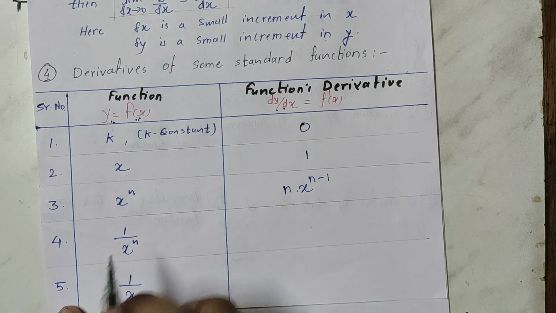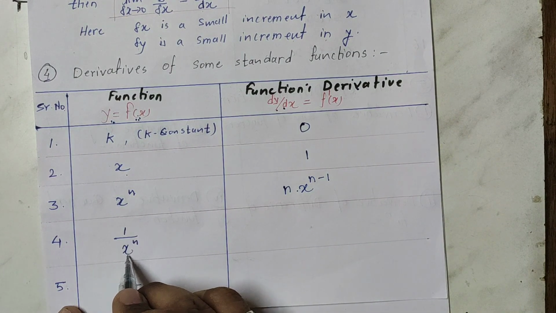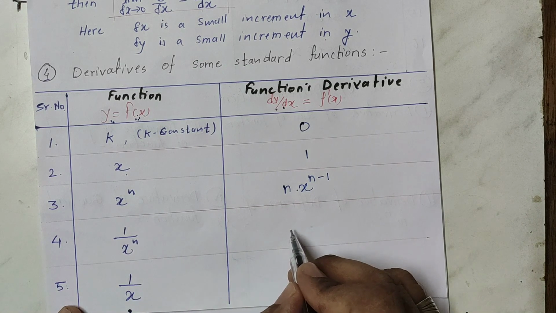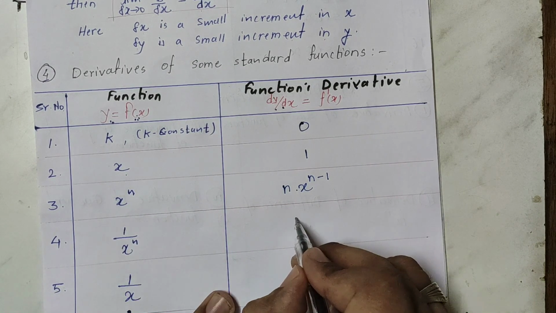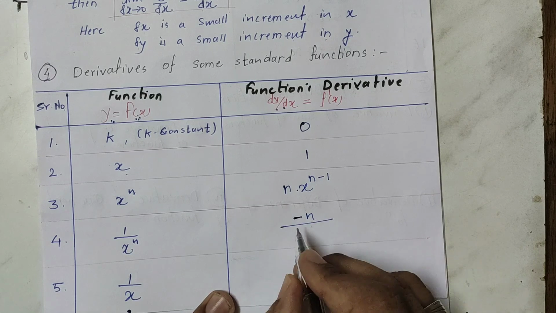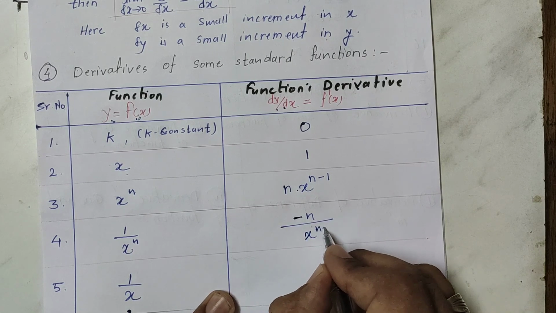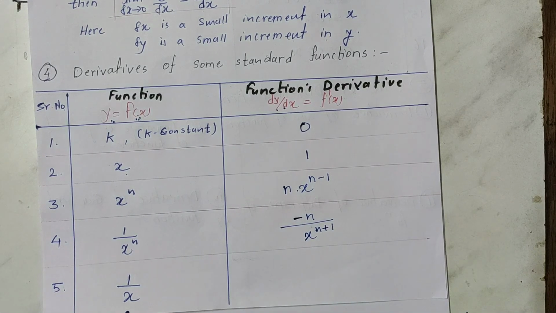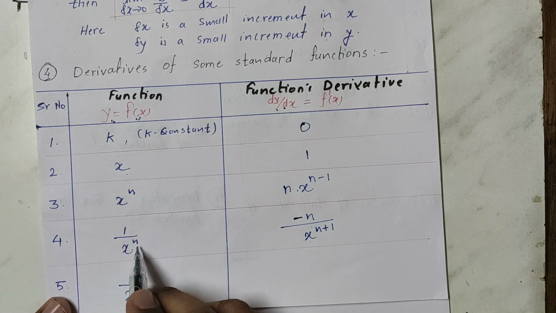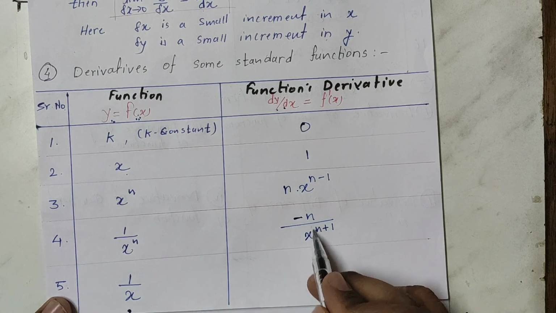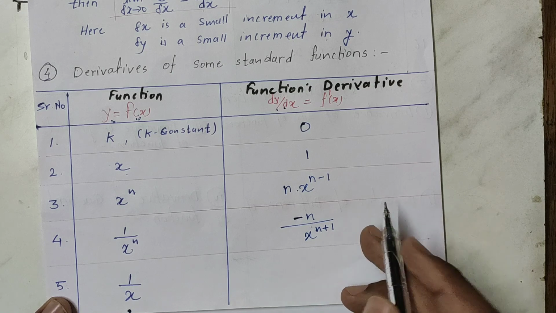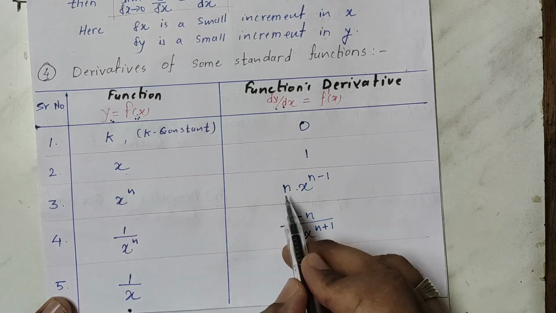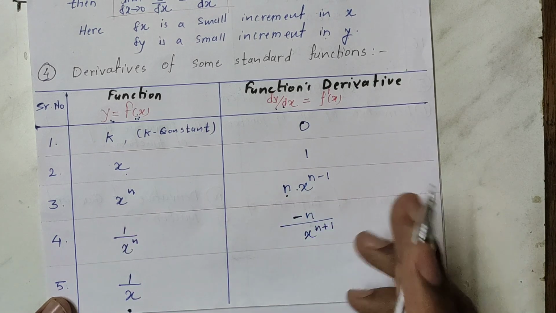Then next is 1 upon x raised to n. Its derivative is minus n upon x raised to n plus 1. Remember, for 1 upon x raised to n, the derivative is minus n upon x raised to n plus 1. For only x raised to n, it is n x raised to n minus 1.